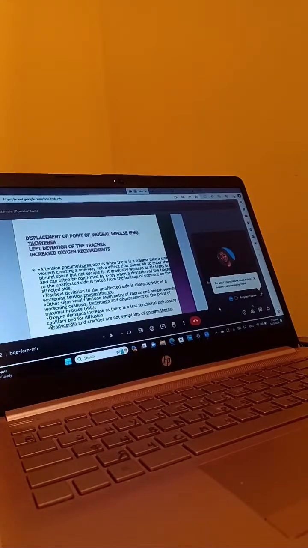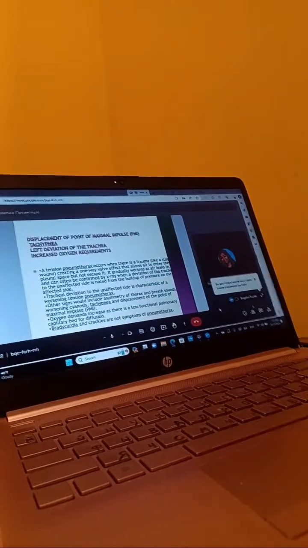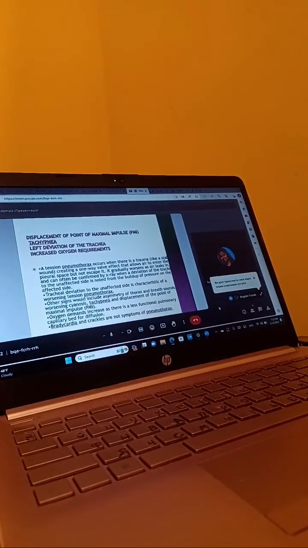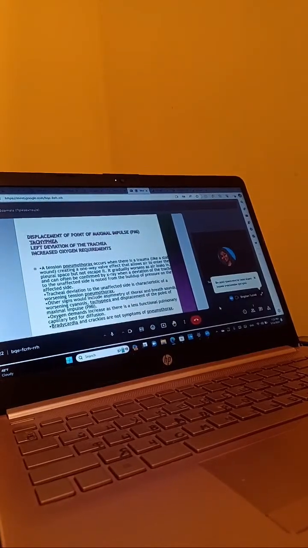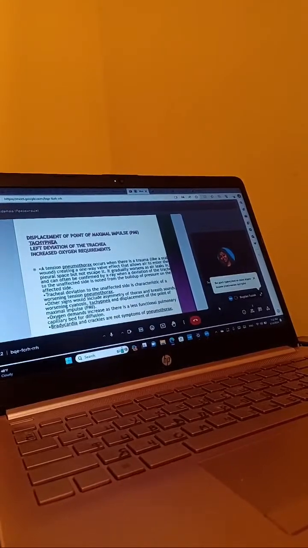Displacement of point of maximal impulse, tachypnea, left deviation of the trachea, increased oxygen requirements. Tension pneumothorax occurs when there is a trauma, like a stab wound, creating a one-way valve effect that allows air to enter the pleural space but not escape it.